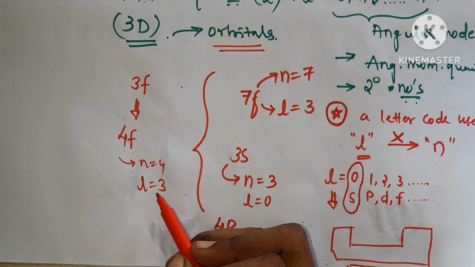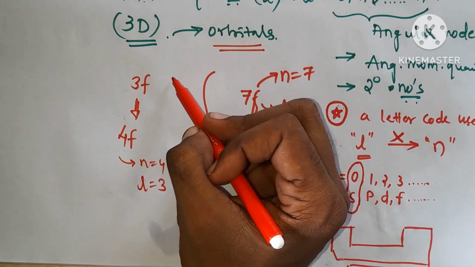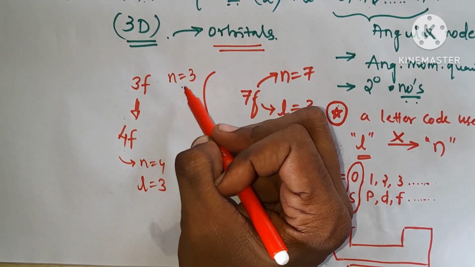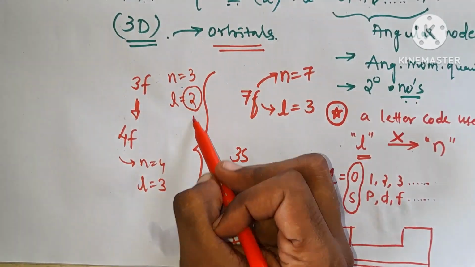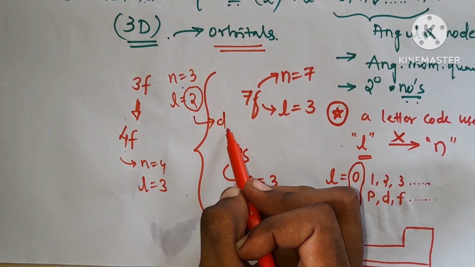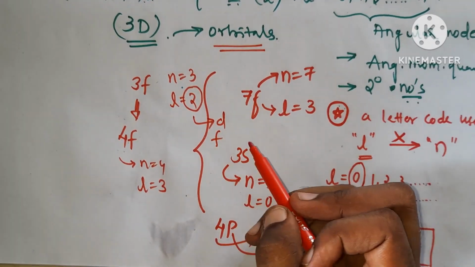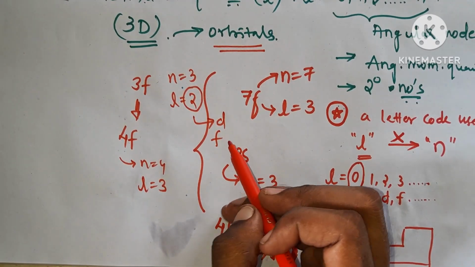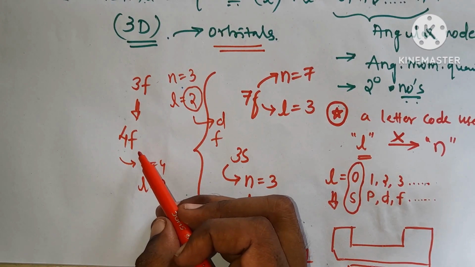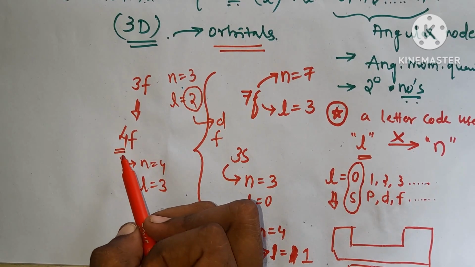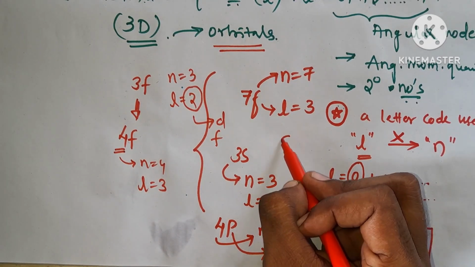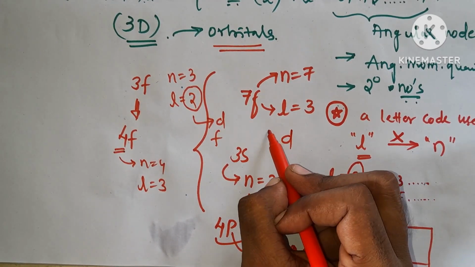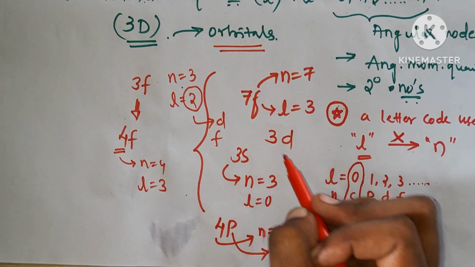If you consider 3f, there n is equal to 3 and L can be at most 2, which is the character of only D. You can't reach F. So the F orbital starts from principal quantum number 4 only, and D orbitals start with principal quantum number 3 only, and so on.